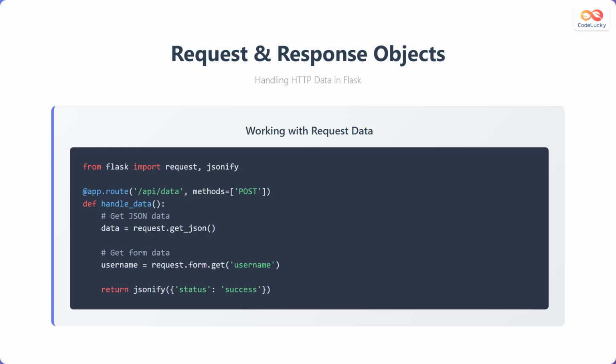For API responses, the jsonify function creates properly formatted JSON responses with correct content type headers. You can also access HTTP headers, cookies, and uploaded files through the request object. The request object is globally available within request context, making it accessible in any function handling a request. Understanding these objects is crucial for building dynamic web applications that respond to user input.